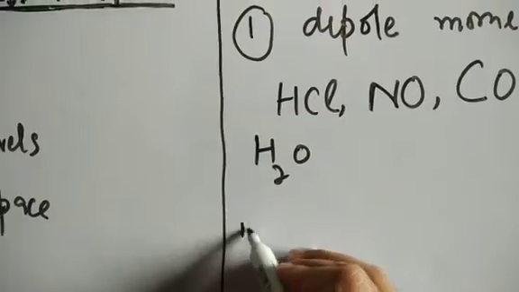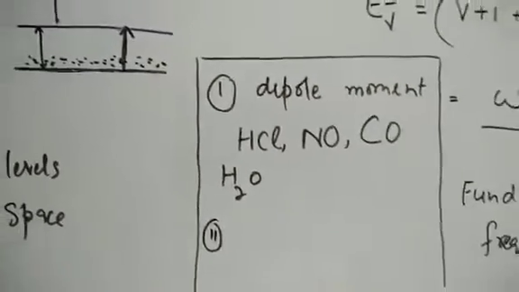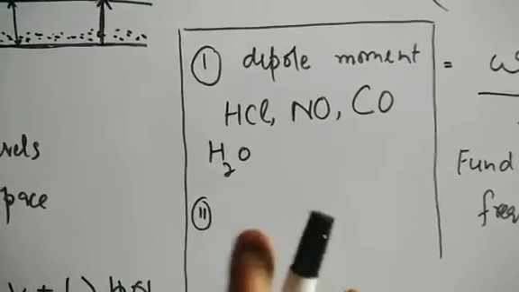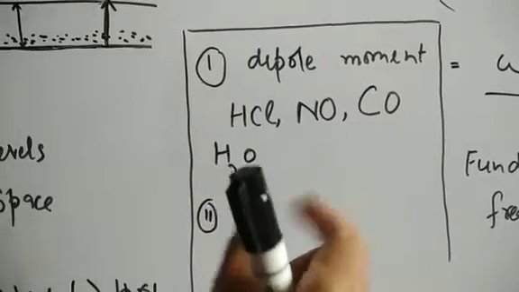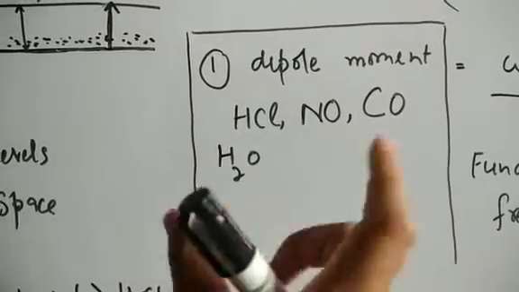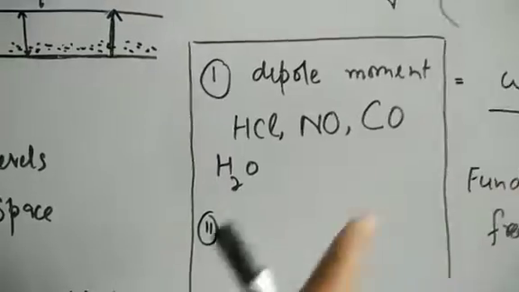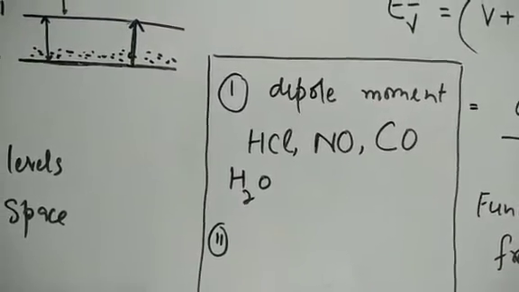Now there is a second condition also. If your molecule was initially non-polar, but during the course of vibration polarity comes into it, then that is again active in the IR spectroscopy.